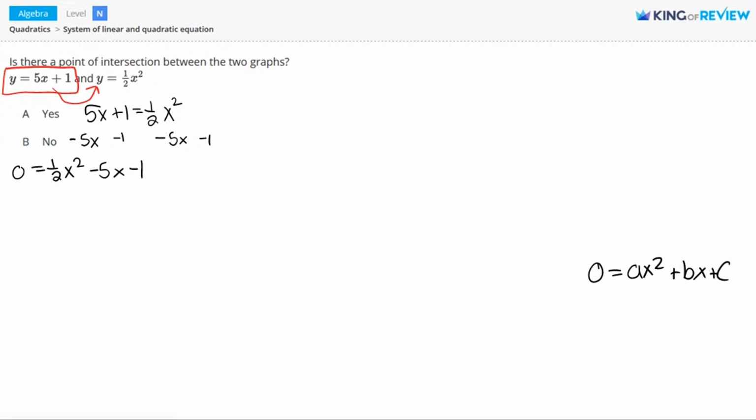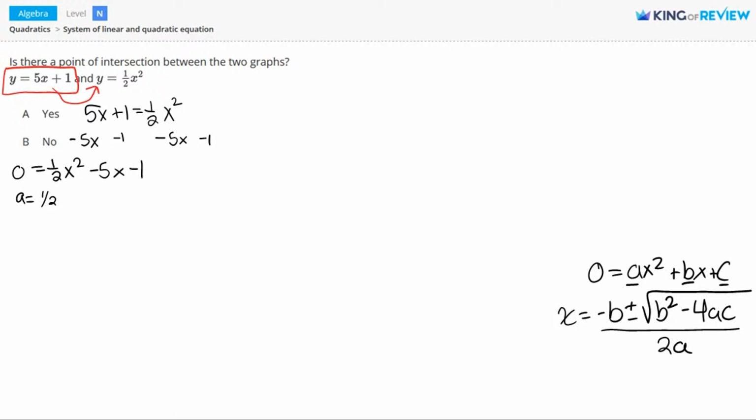The quadratic equation is x equals negative b plus or minus the square root of b squared minus 4ac, all divided by 2a. The a, b, and c values come from these numbers here. So on our equation, a equals 1/2, b equals -5, and c equals -1.